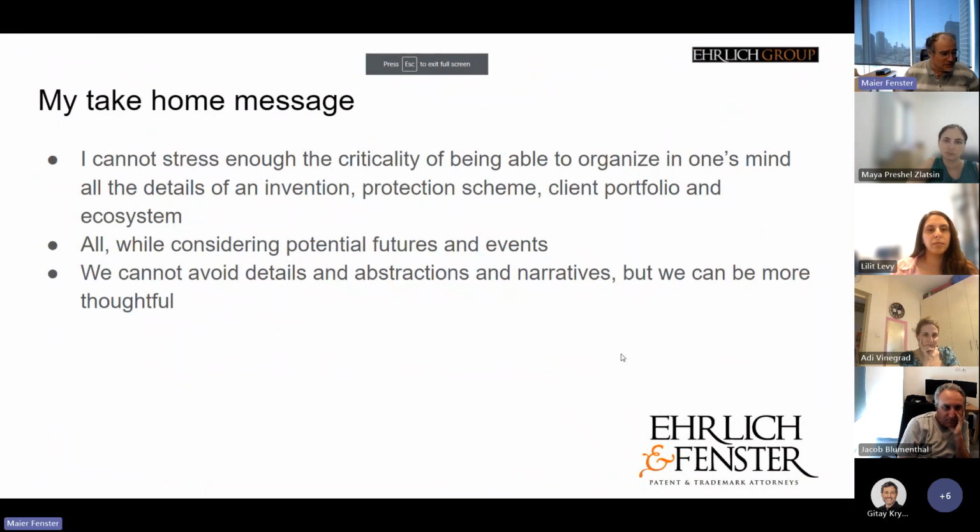My take-home message. I think that one of the critical aspects of being a good patent attorney is to be able to organize in your mind, yes, and on paper too, but in your mind, all of the details of the invention, your protection scheme, the client portfolios, the ecosystem, a lot. And all of that while you're considering potential futures and events.